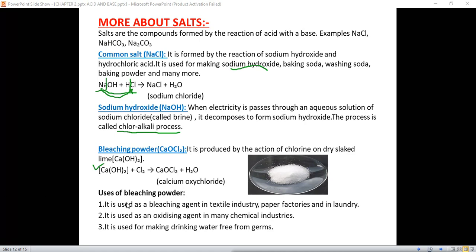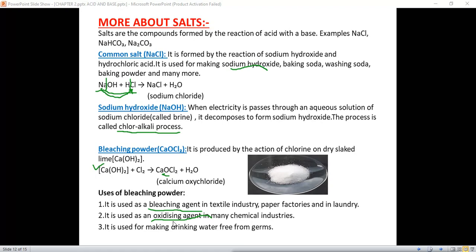Next, we'll see the uses of bleaching powder. What are the different uses of bleaching powder? The first use is as a bleaching agent in the textile industry, paper industry, and laundry. The second use is as an oxidizing agent in many chemical industries, as it contains oxygen and gives oxygen to prepare many other substances.